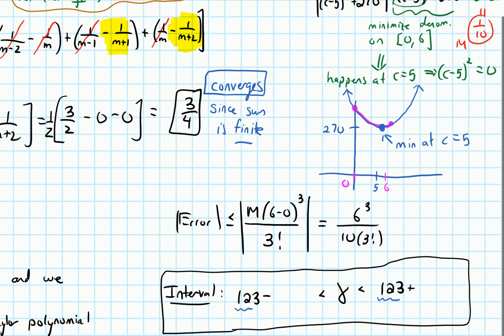The most it could be off is this upper bound for error. So I subtract 6 cubed over 10 times 3 factorial, and then I add 6 cubed divided by 10 times 3 factorial. And that is our interval. The problem told me that I should leave my answer unsimplified, so I want to leave it here rather than use a calculator.